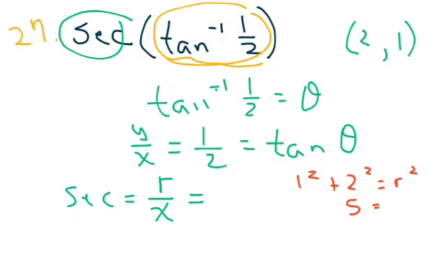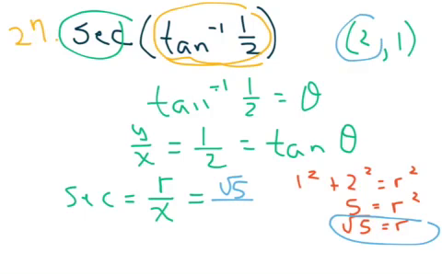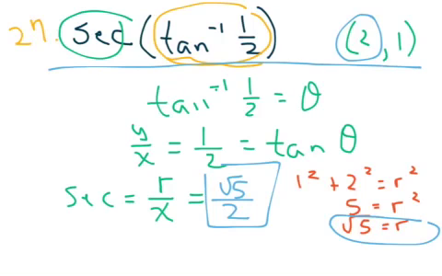So 5 equals r squared. So r equals root 5. How come I didn't do plus and minus? Because r is always positive. So r is root 5, x is 2. So that's my answer. This is the different scenario that you're going to get. This is when you're dealing with proportions and ratios.